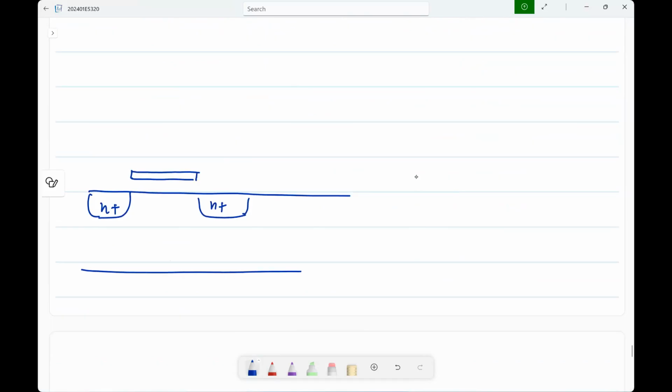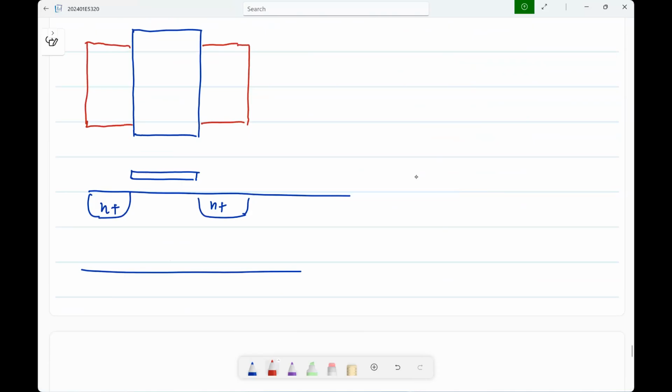If you look at it from the top view, which is what you will be designing, this is what it will look like. Okay. So there will be a rectangle for the gate and rectangles for the source and drain regions. Okay. So let's say this is the source, this is the drain. Okay. And this is the length of the MOS transistor.